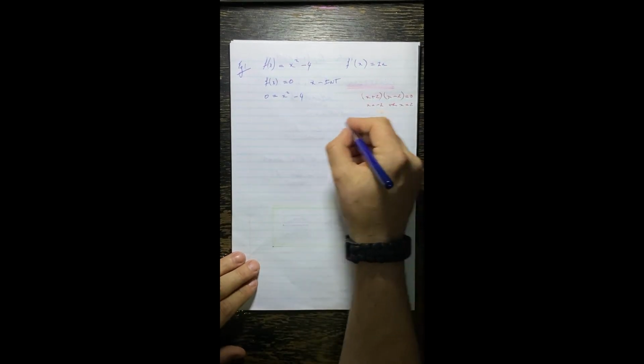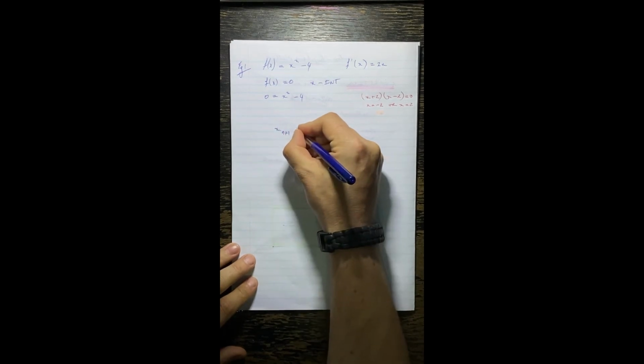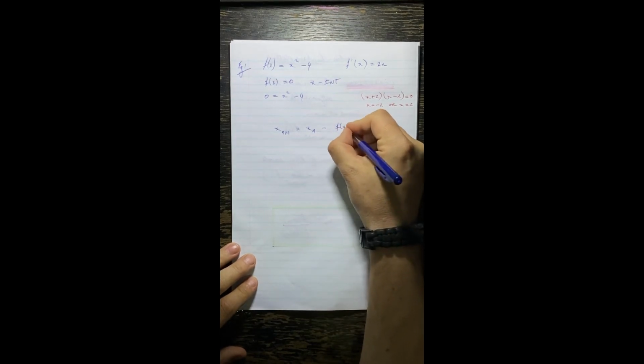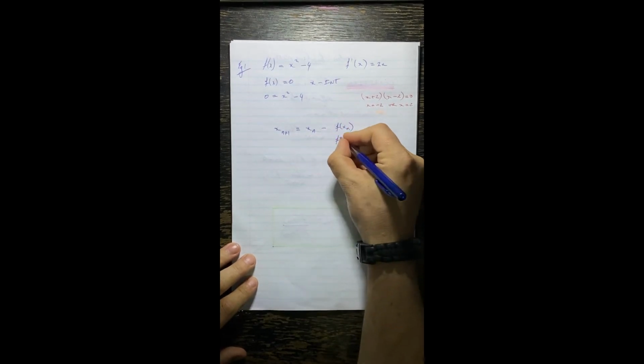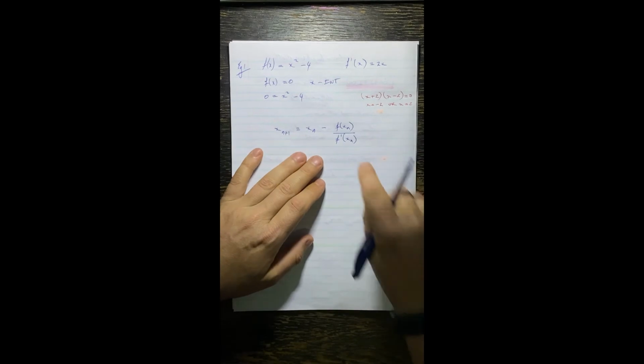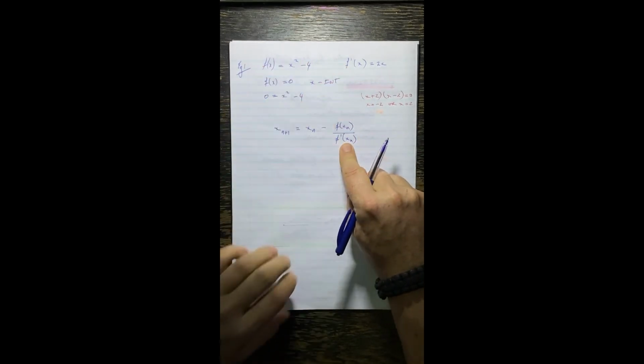Okay, I'm going to write up the equation for Newton-Raphson. So we get x n plus 1 equals x n minus f of x n over f dashed of x n. Okay, so that's the formula for Newton-Raphson. And now I'm just going to substitute these into our function and into our derivative.